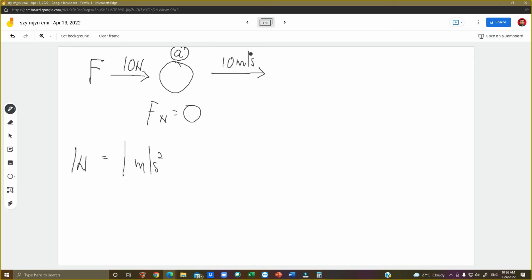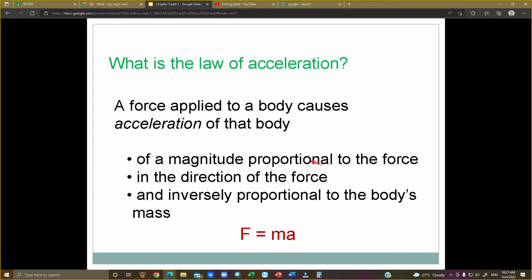Magnitude of the acceleration is proportional to the magnitude of the force. So if you give more force, you are going to get more acceleration. That is the first one. Berkadaran dengan force yang diberi.